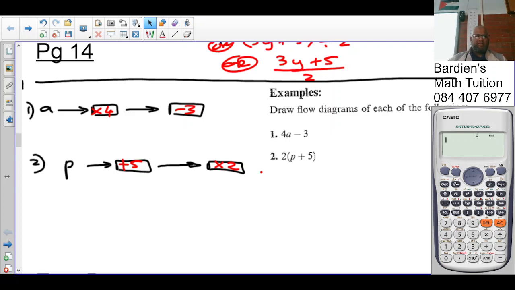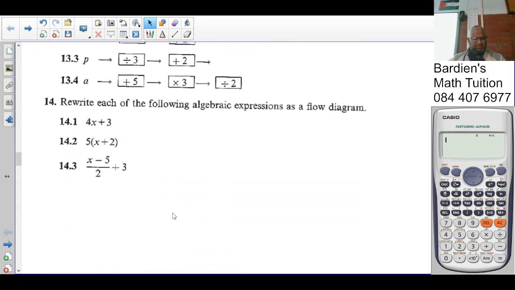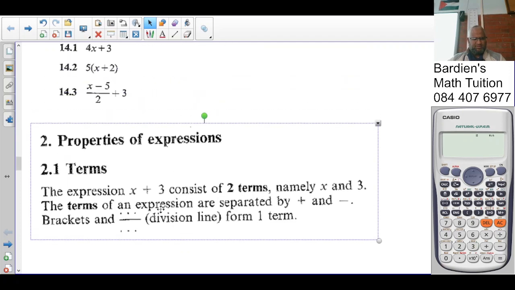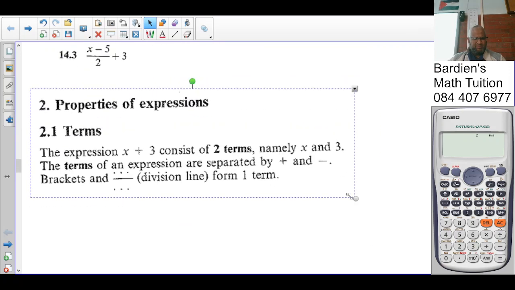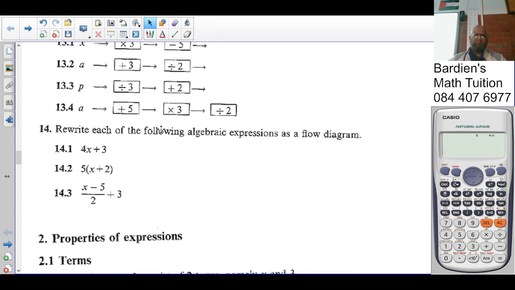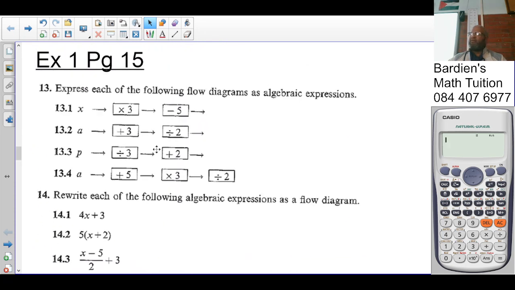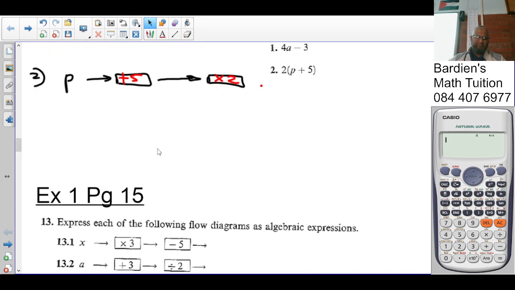Next heading, properties of expressions. I want you guys to write this down. Properties of expressions. Make a note. This is number 2. When you see me cut this on Monday, just remind me I've cut it already, okay?